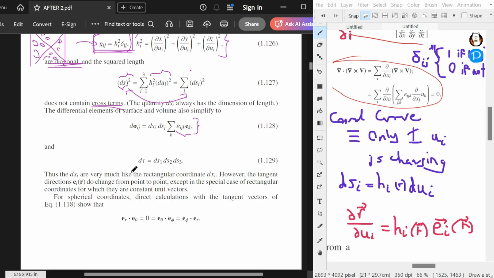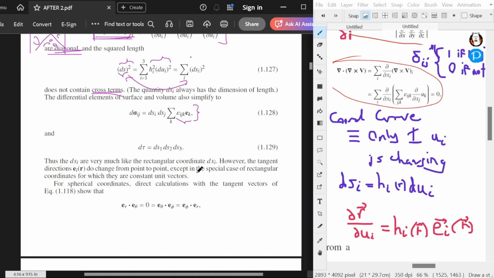Okay, thus the dsi are very much like the rectangular coordinate dxi. Yeah, because the tau is dx dy dz. However, the tangent directions ei do change from point to point, except in the special case of rectangular coordinates, for which they are constant vectors.